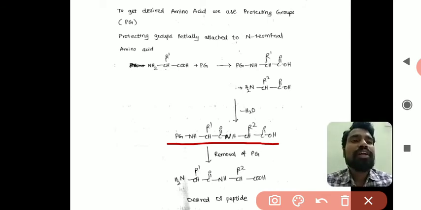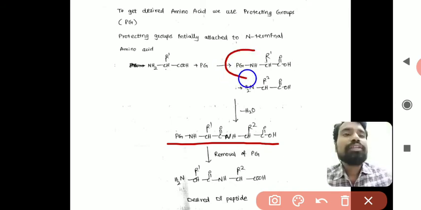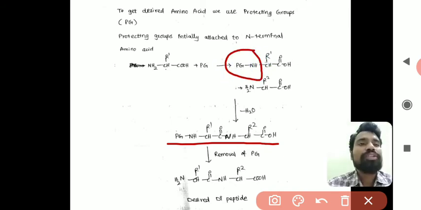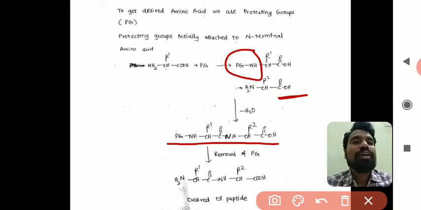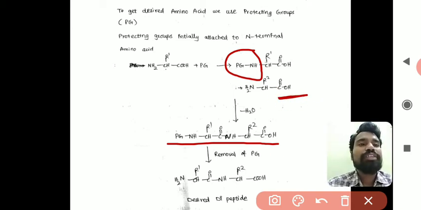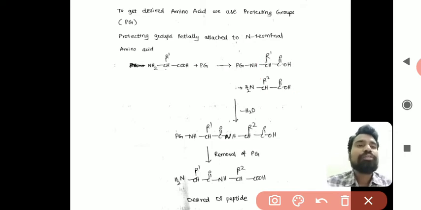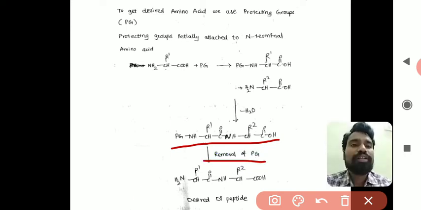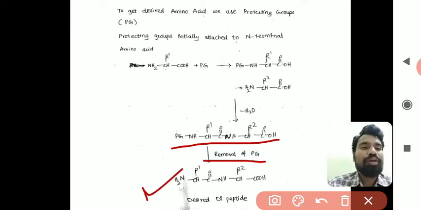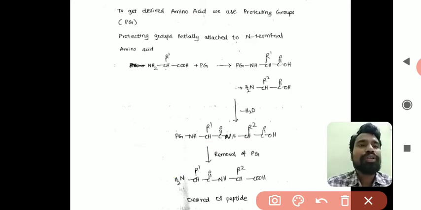Here the cross reaction may not happen, because this amino group will not react with the carboxylic group of the second amino acid, since that nitrogen is protected with the protecting group. So a dipeptide is formed. After that we remove the protecting group, so the desired dipeptide is formed. This is the importance of protecting groups in preparing a desired dipeptide.